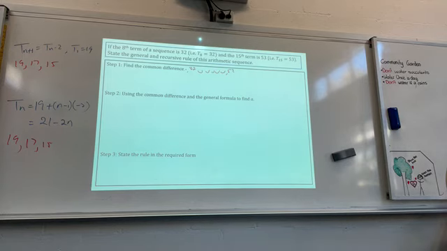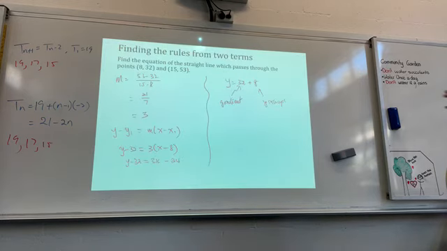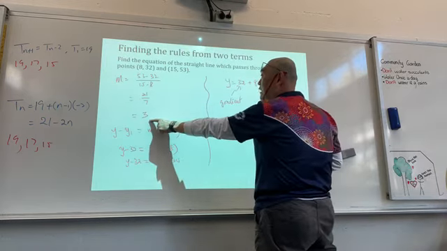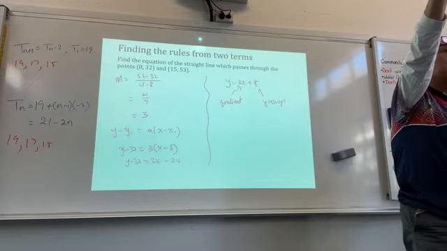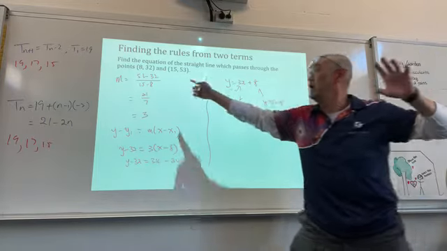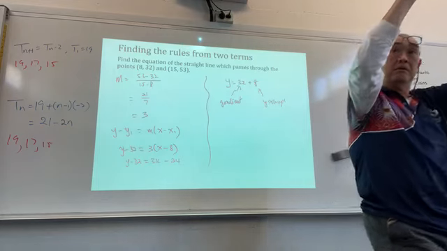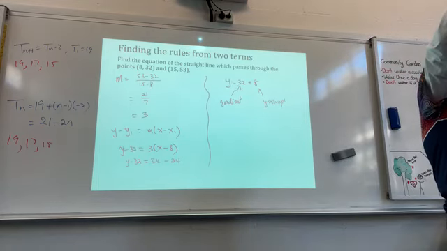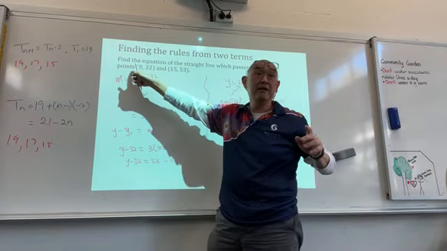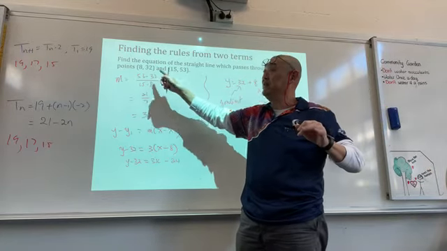Can you see that what we're going to do in this case is bring it back to finding the gradient. The y is actually the terms, T15 and T8, and then n is 15 and 8.